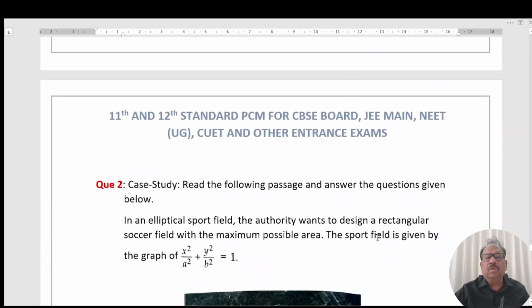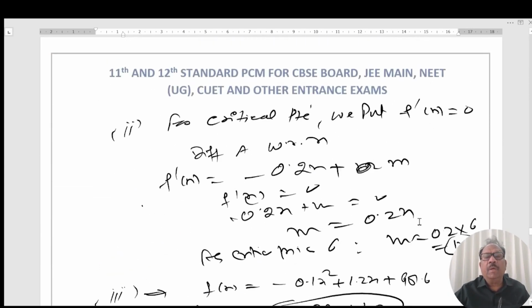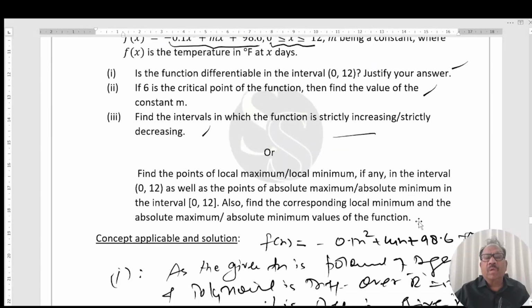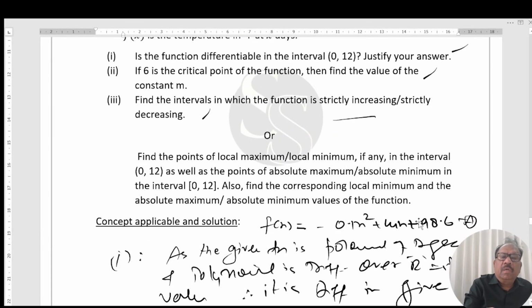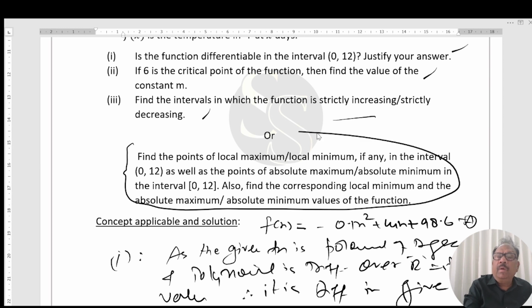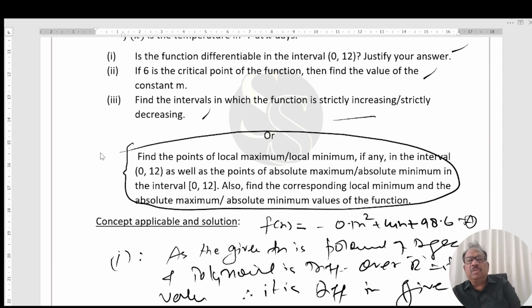The second part is also in this question. What is in the second part? Find the points of local maximum and minimum, if the interval is 0 to 12, as well as the absolute maximum and minimum, and find the corresponding local maximum. I will completely discuss the procedure in this case.